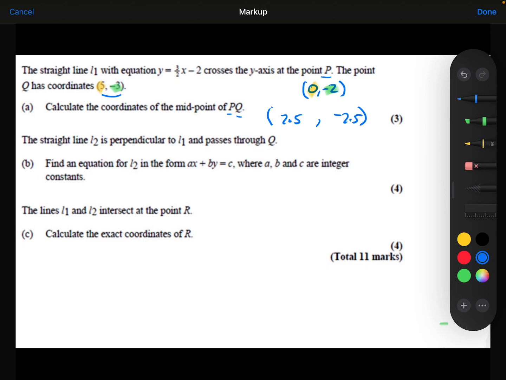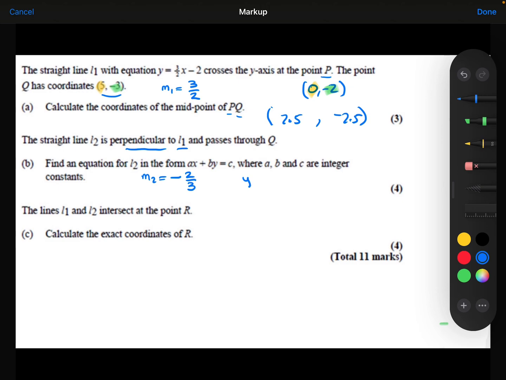We're then told that the straight line L2 is perpendicular to L1 and passes through the point Q, and we need to find its equation. If it's perpendicular, it's going to have the negative reciprocal gradient. Now I can see that the gradient of line 1 was positive 3 over 2. So therefore the gradient of line 2 will be negative 2 over 3.